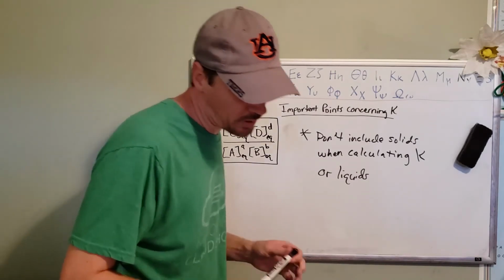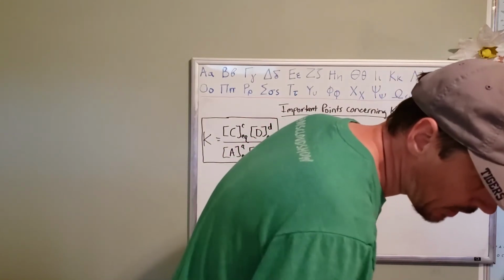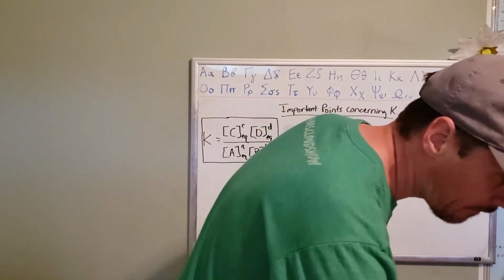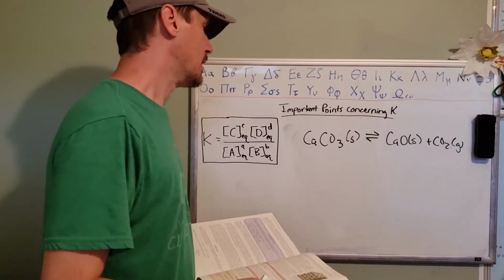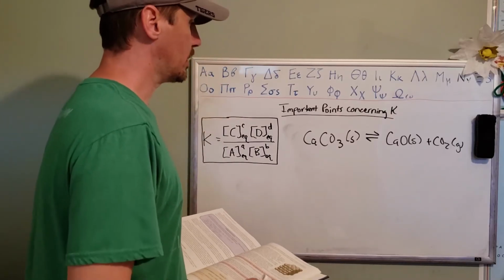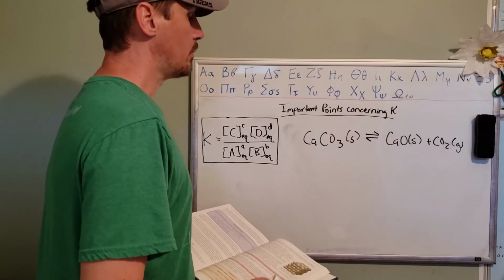So let's do one more example, example 16.3. That is on page 491. That problem says, write the equation for the equilibrium constant of the following reaction. CaCO3, which is a solid, yields CaO, which is a solid, plus CO2, which is a gas. And this is the equilibrium reaction. If we're going to calculate K for this, we don't include solids and we don't include liquids.